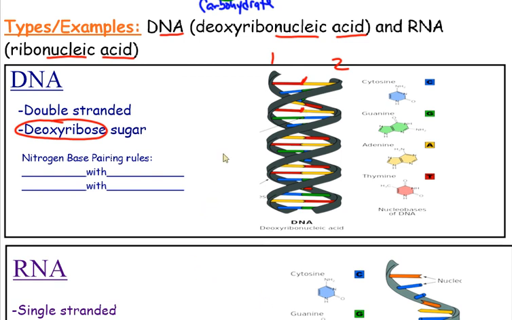Our base pairings with DNA: you have A, which is adenine, bonds with T. So A and T bond together. And then you also have C, cytosine, bonds with G, guanine. They bond together. Base pairing rules.